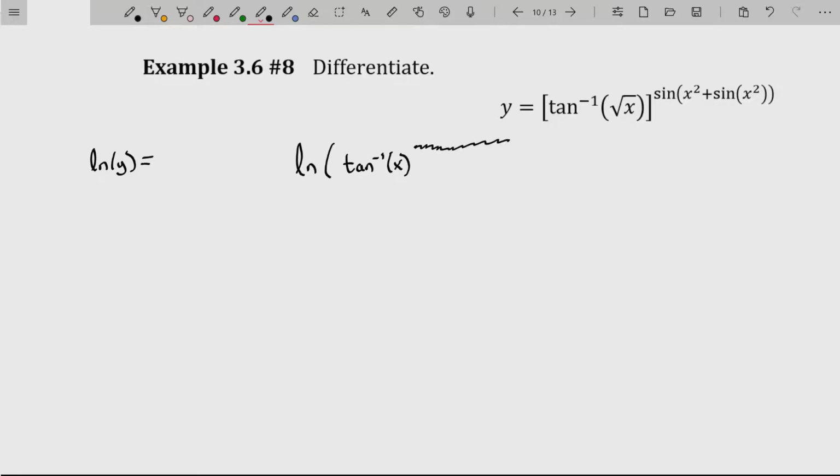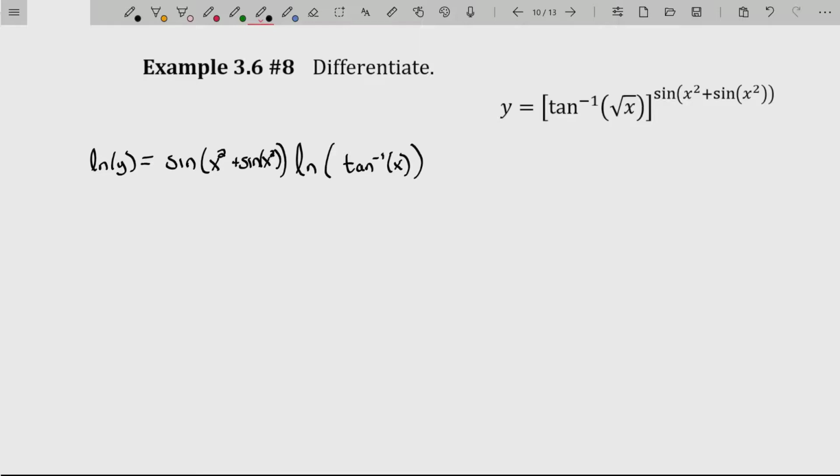But because we're taking the natural log, I'm going to take that ugly power and move it out front. And that ugly power is just sine of x squared plus the sine of x squared. And that's it on that.